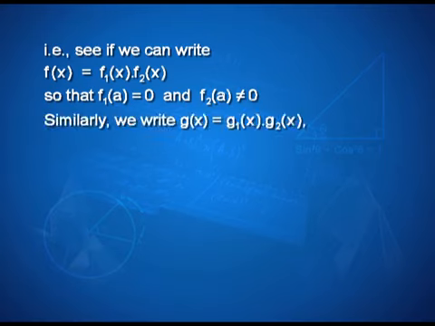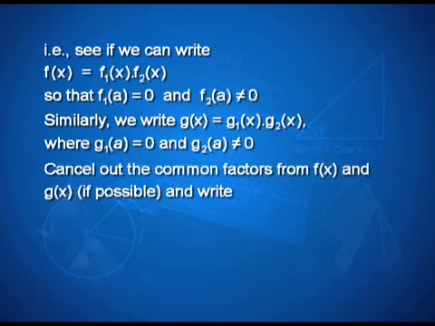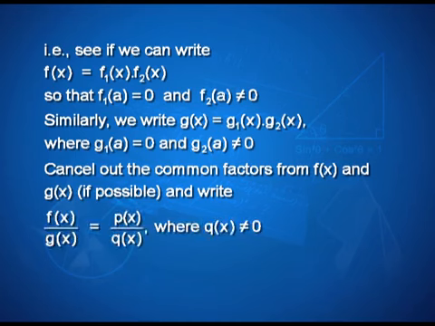Similarly, we write g of x is equal to g1 x into g2 x, where g1 a is equal to 0 and g2 a is not equal to 0. Cancel out the common factors from f of x and g of x if possible, and write f of x upon g of x is equal to p of x upon q of x, where q of x is not equal to 0.